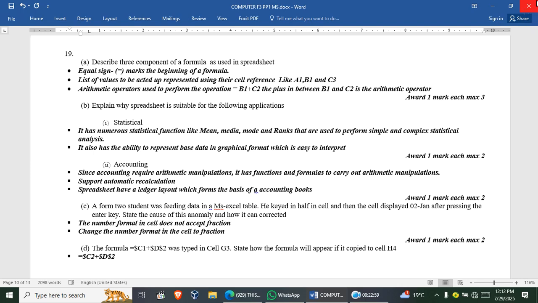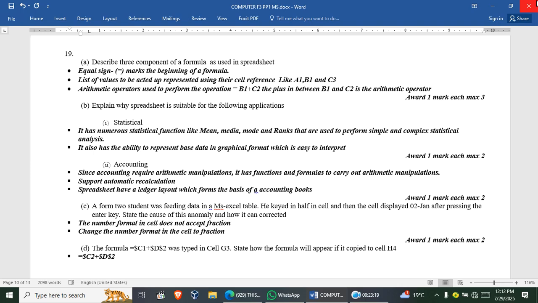Explain why a spreadsheet is suitable for the following applications. It has numerous statistical functions like mean, median, mode, and ranks, among others. It also has the ability to represent raw data in graphical format, which is easier to interpret.